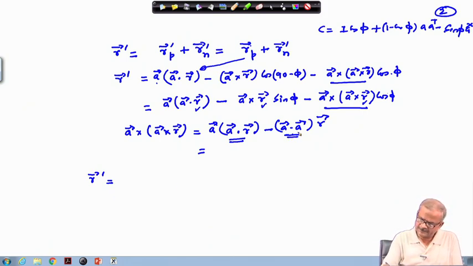So, what this quantity is, just 1. So, this is a times a dot r minus r.